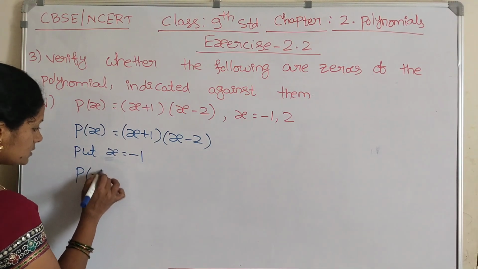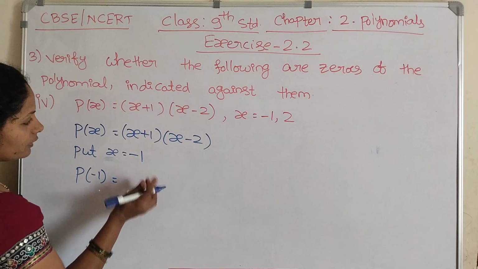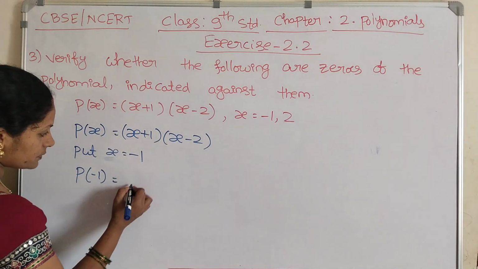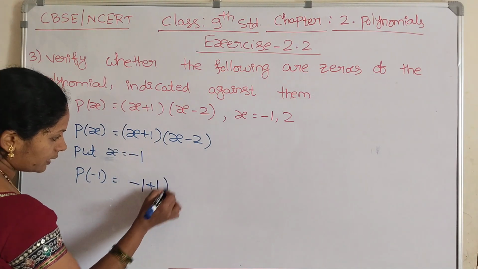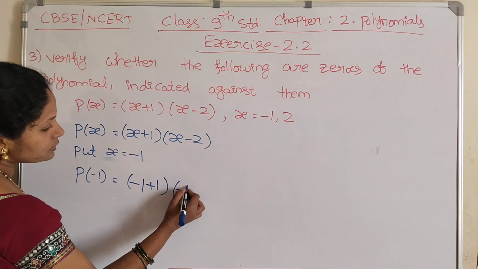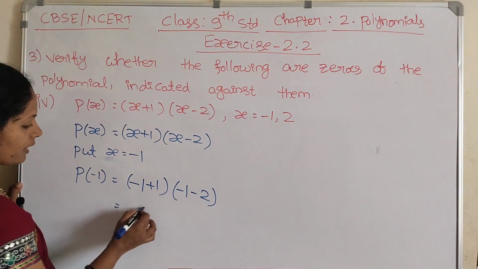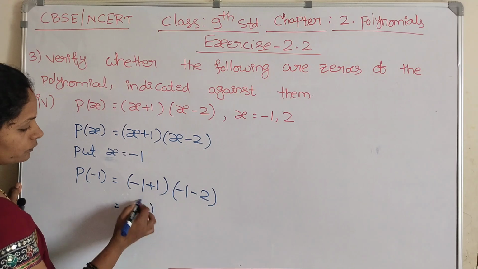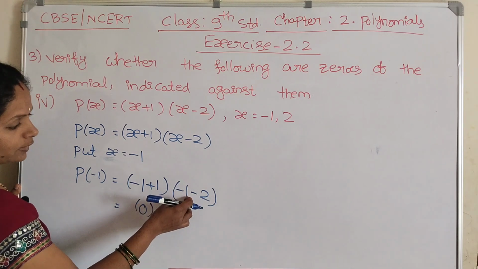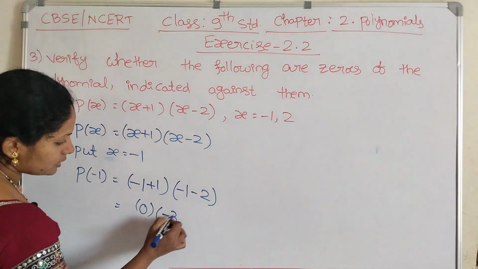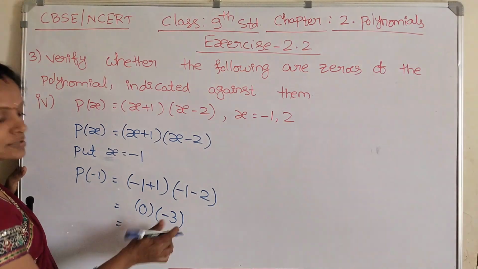Now, P(-1): wherever x is there, we have to substitute -1 here. (-1 + 1)(-1 - 2). -1 + 1, the value is 0, times -1 - 2 which is -3. 0 × -3 is 0.